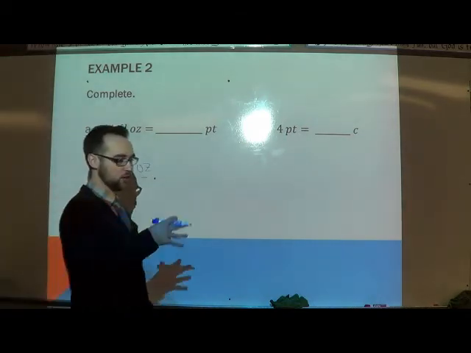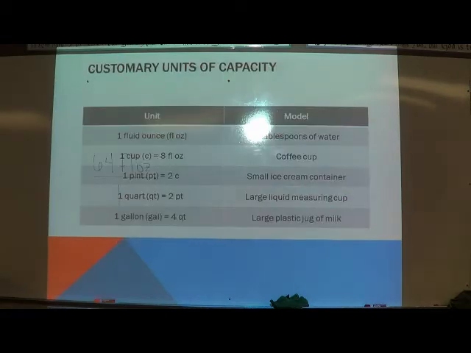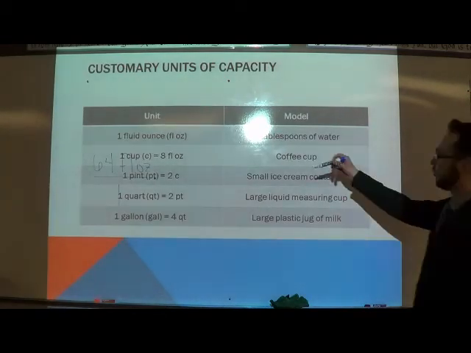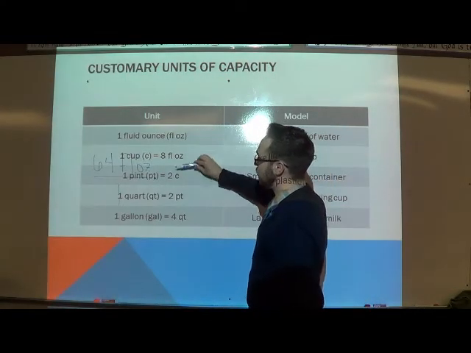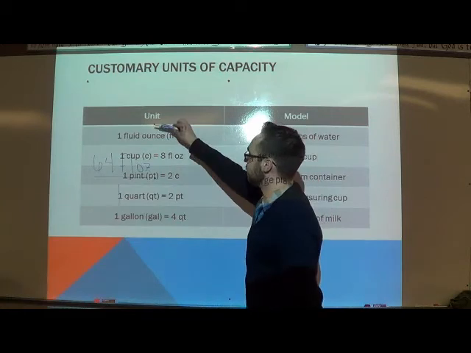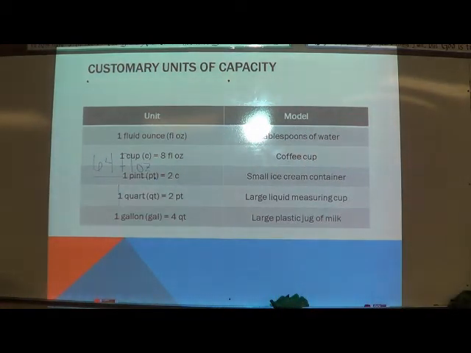Now, when you're looking at your chart, the next step up from a fluid ounce is a cup. So I'm going to go back to this table real fast. When we go from a fluid ounce, you're always moving to the next one. So we're moving from the fluid ounce to the cup. I have to convert that first.